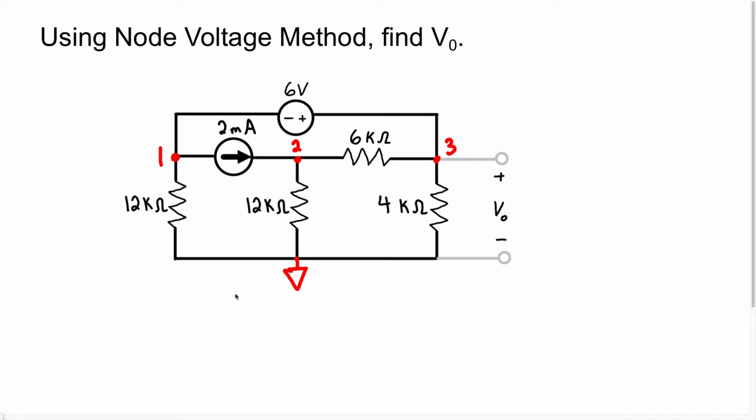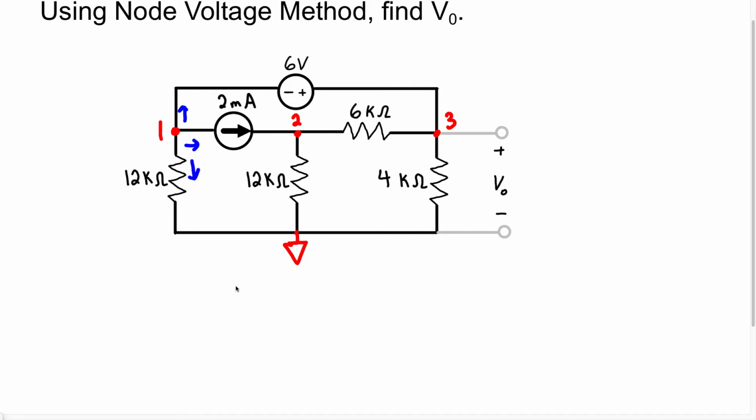Okay, so let's start to write the node voltage equations starting at node 1. We're going to assume the current is going to be leaving this node, going in these directions here.